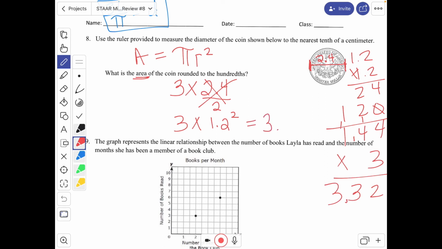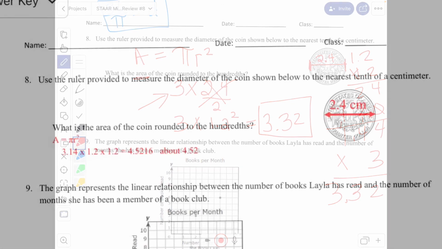So this is about 3.32. However, if you rounded pi to 3, which is okay because we're just estimating, then you need to pick the answer choice that is closest to 3.32.